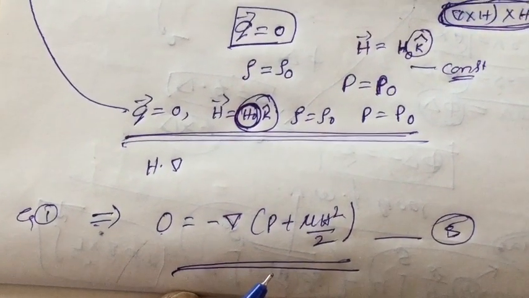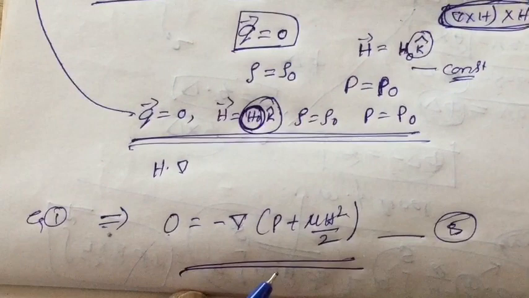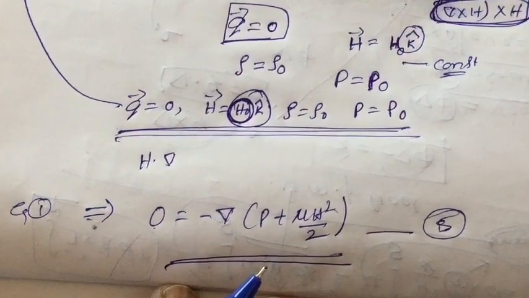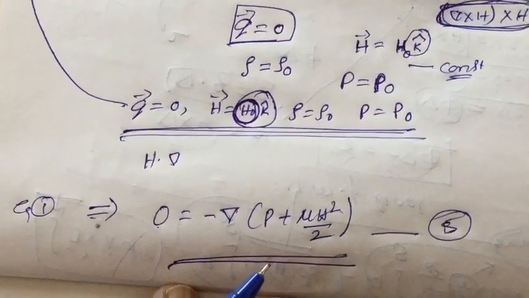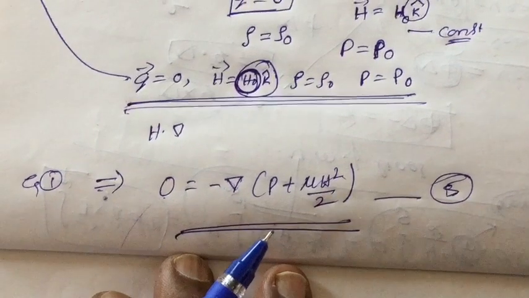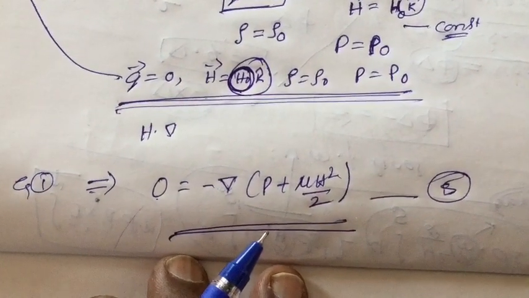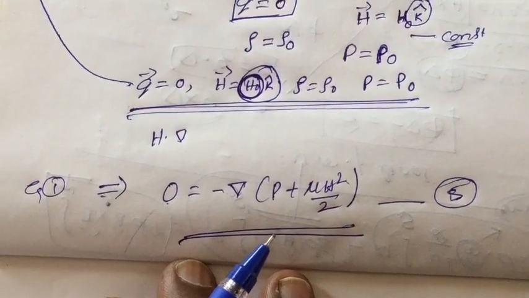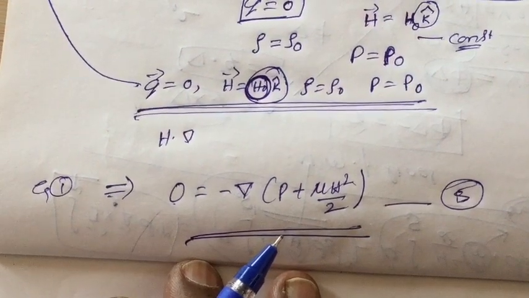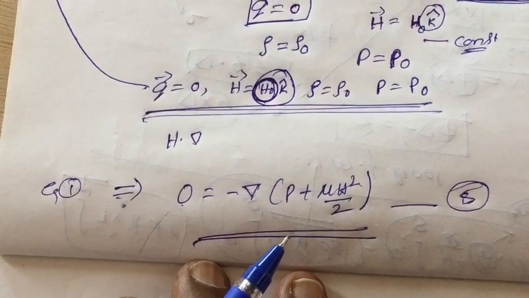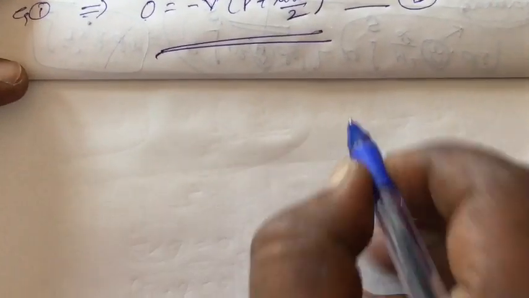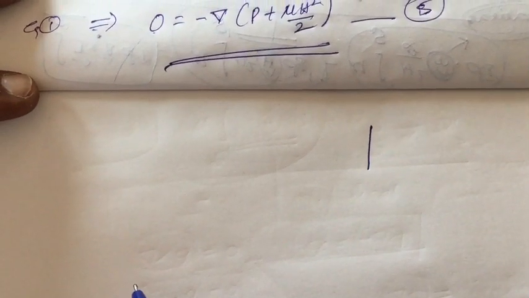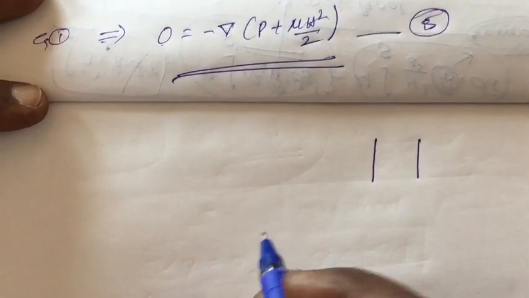Now, to propagate the waves, Alfvén waves, we have to give the perturbation. What do you mean by perturbation? Perturbation means simply we are going to give the disturbance. Look here, as you know from your 10th standard onwards, how to find the determinant?